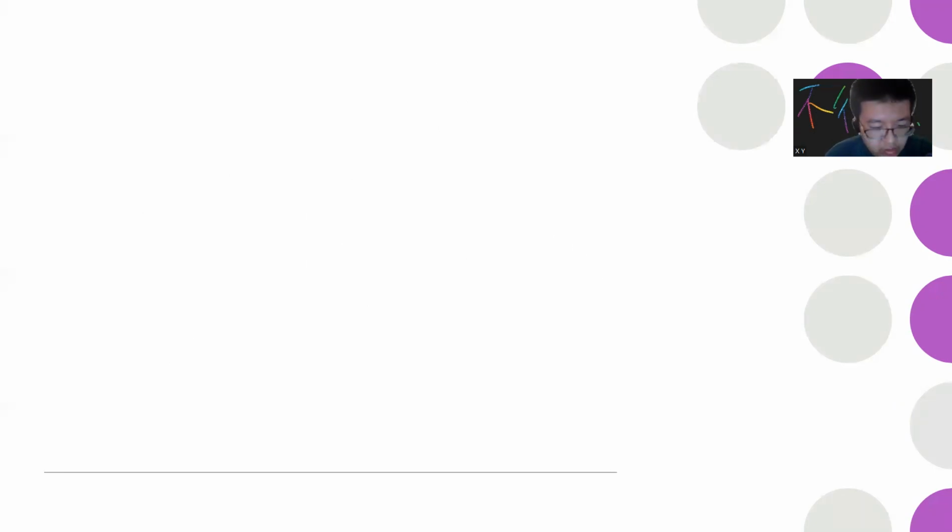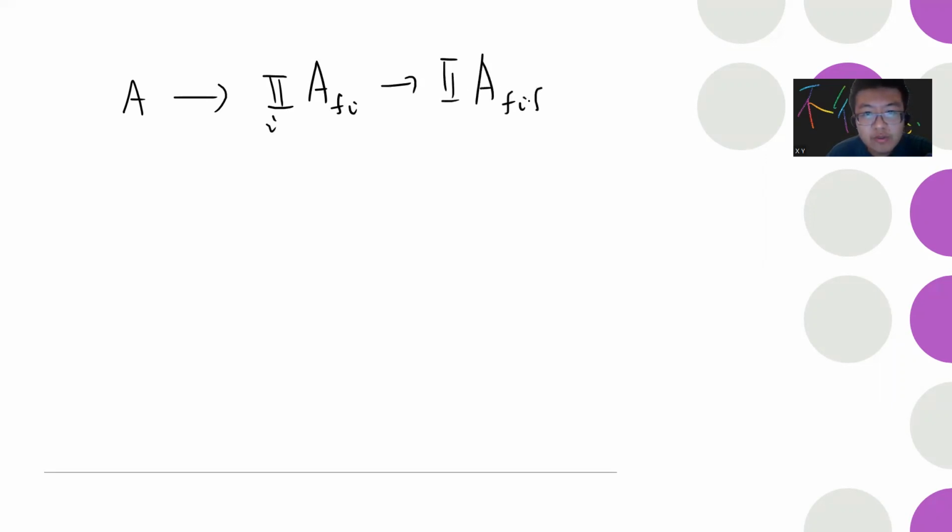Usually people write it this way: we have A goes to the product of A_{f_i}, and that goes to the product of A_{f_i f_j}. To really prove something is a sheaf, we just need to make this sequence exact.